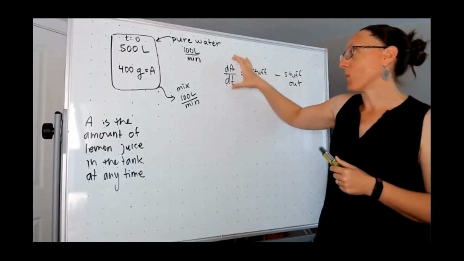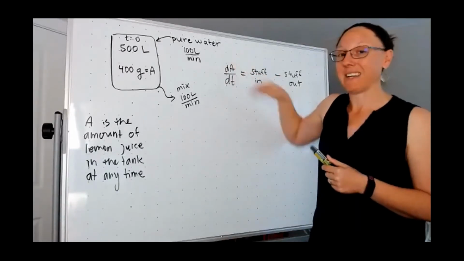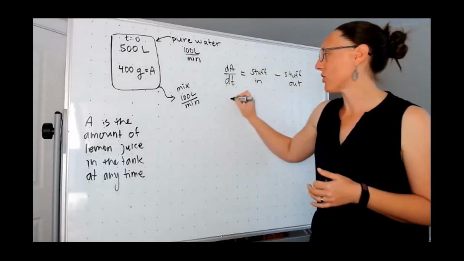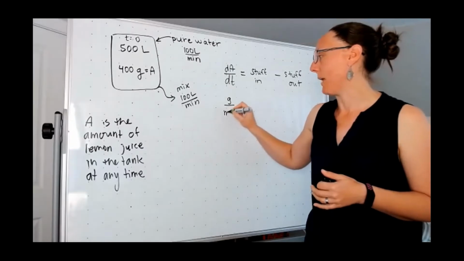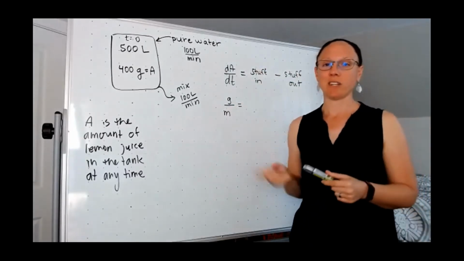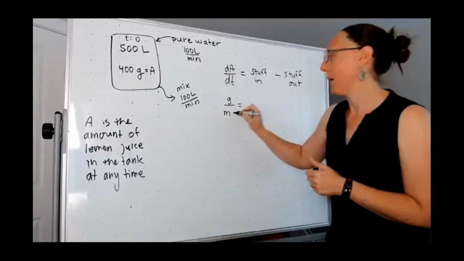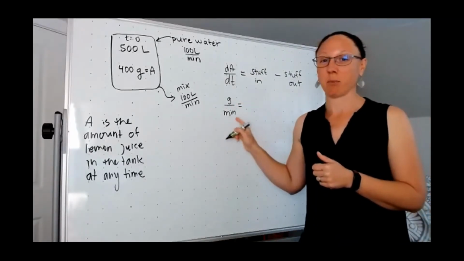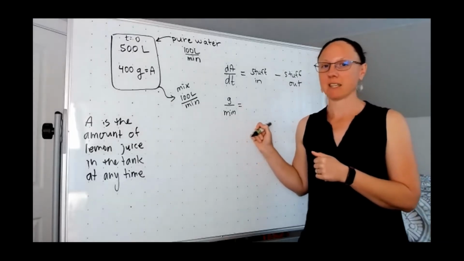Now I mentioned that I like to work with units here. So the units that we're going to have for dA/dt should look like grams per minute. So anything that I have on the right-hand side also needs to have units of grams per minute. And I don't want that to look like grams per meter, so I'm going to write out MIN for minutes.